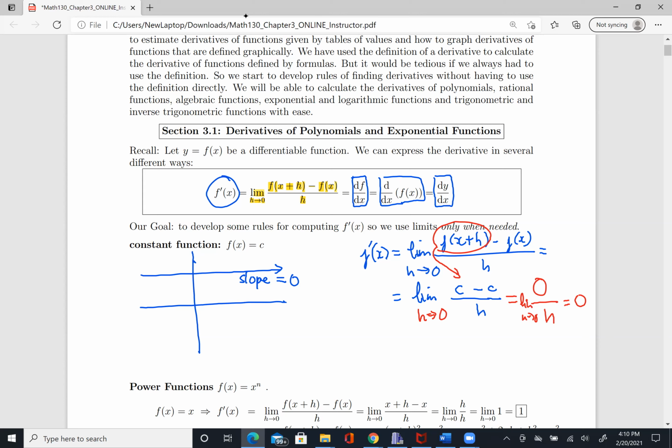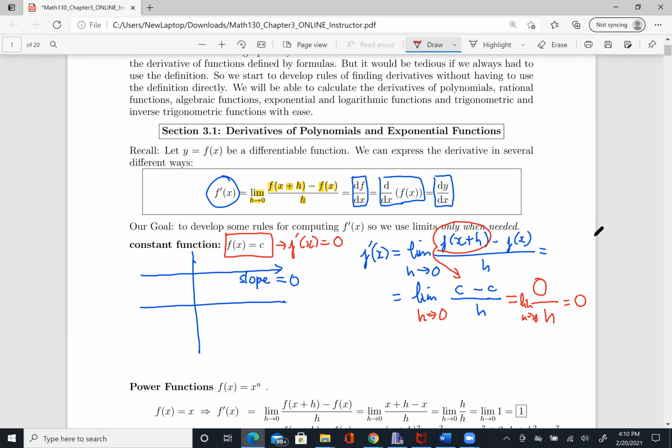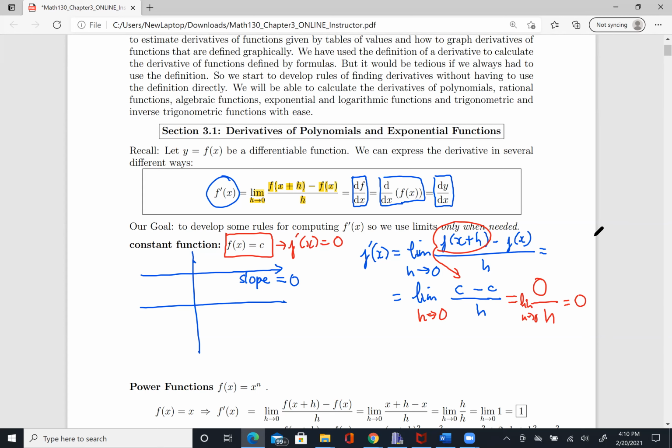So it means that for f of x equal to c, a constant number, f prime of x should be equal to 0. Let's move to the next one.